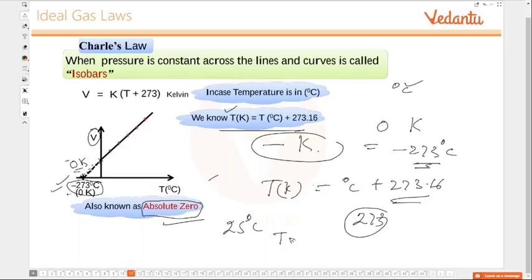So temperature in Kelvin will be equal to 273 plus 25, which is 298 Kelvin. That's it. In fact, this is the advantage of our Kelvin scale. There are no negative values here, only positive. It starts from 0.